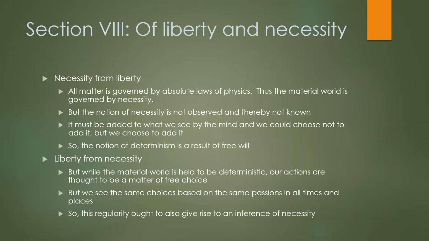Are human actions freely chosen, or are they predetermined and necessary? Well, notice what Hume has just done in the previous sections. He's blown up the idea of probability, he's blown up the idea of necessary connection, and he's blown up the idea that we understand how our will moves our body. So he's blown up both of the notions, and now we have to frame the question of liberty and necessity.